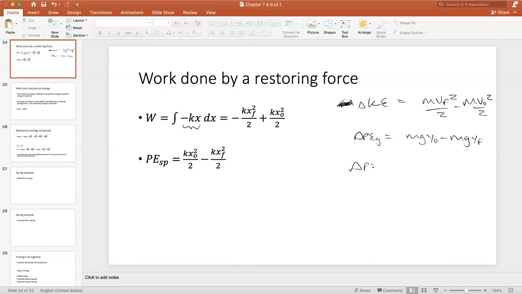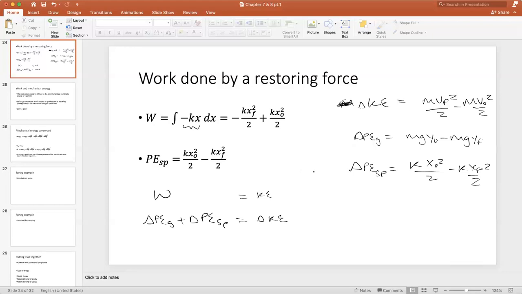And the change of potential energy of a spring then is k x initial squared over 2 minus k x final squared over 2. And again, the work energy theorem tells us the work, which is the change of potential energy of gravity plus the change of potential energy of a spring, is equal to the change in kinetic energy. We'll see that in a minute, but that's what we're doing here.